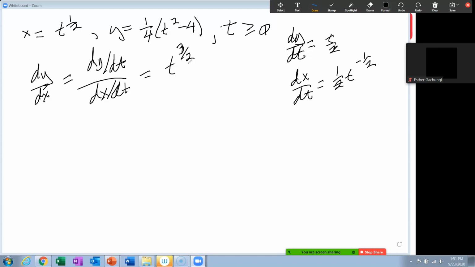And we can leave it like that because that's your independent variable t. Now, the concavity, and it said at point (2, 3). When x is equal to 2, that's supposed to be t to the 1/2. So you square both sides and you get t is equal to 4.